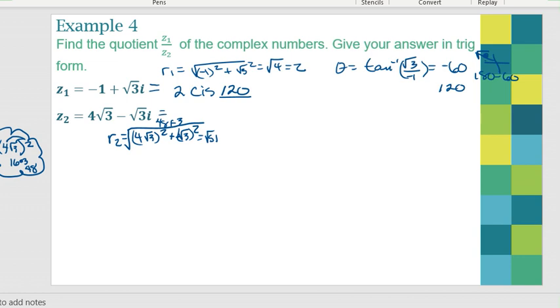So that means this is going to equal square root 51 cis something. I don't know what. We've got to find out. So theta is equal to tan inverse of negative square root of 3 over 4 root 3. Those cancel, and I'm down to 1/4. Tan inverse of 1/4. So I'm going to put that in my calculator. Tan inverse 0.25. Same thing. It's 14.0304. 14 degrees.